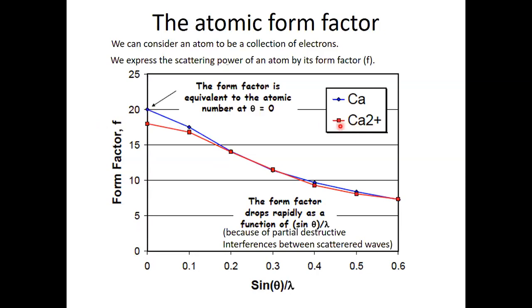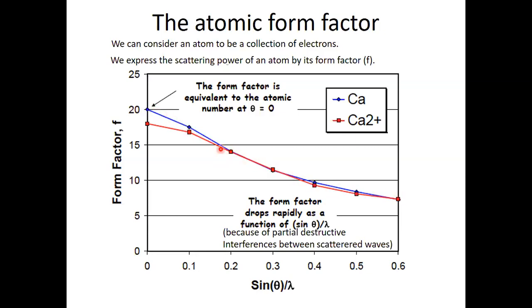If we scattered at a calcium 2+ ion, which has 2 electrons less, well, then the atomic form factor would be 18. Okay, so now you see, however, that the atomic form factor, again, is angle dependent. And in fact, the atomic form factor becomes smaller than the atomic number of the respective atom at which we scatter as we increase the angle.